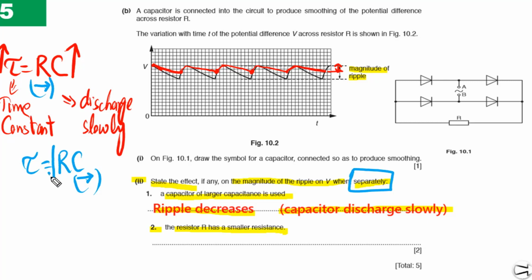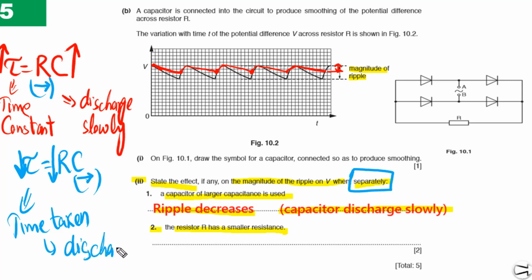Now if we decrease resistance, the time constant will decrease, meaning the time taken for a capacitor to discharge 63% of its initial value will decrease. It means the capacitor will discharge quickly.